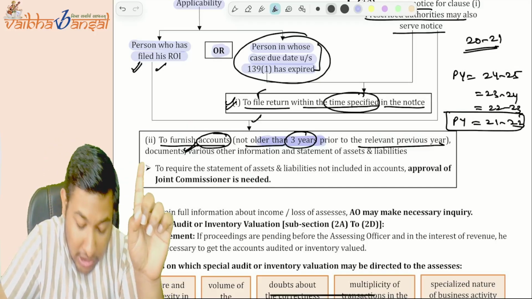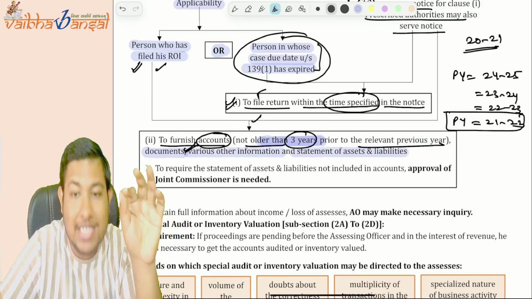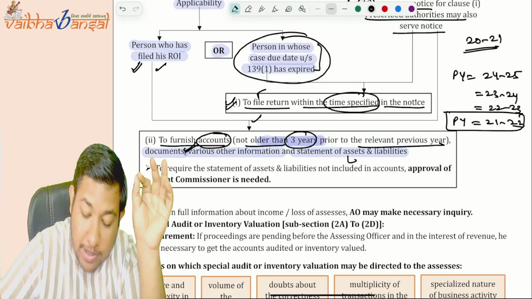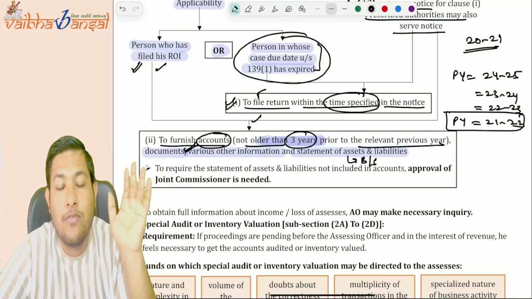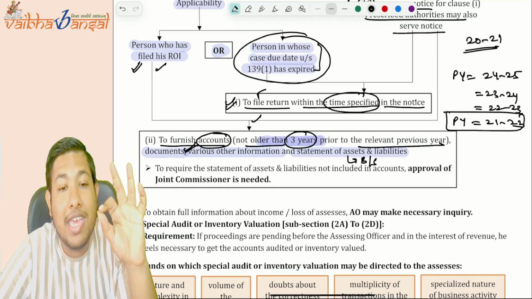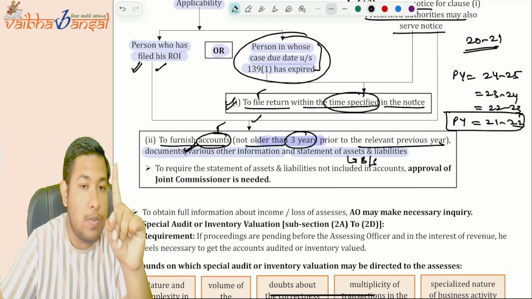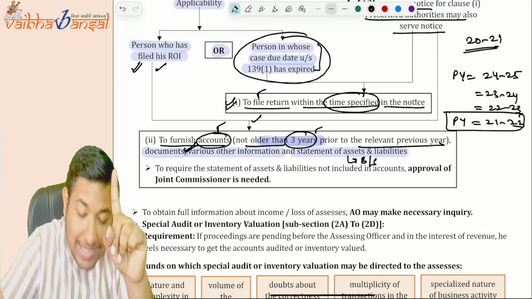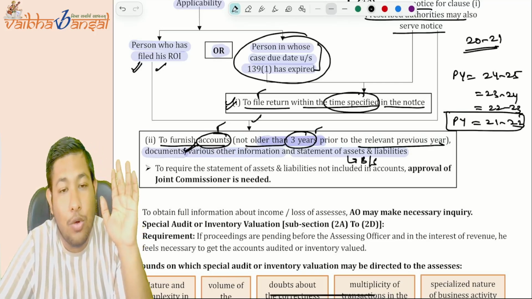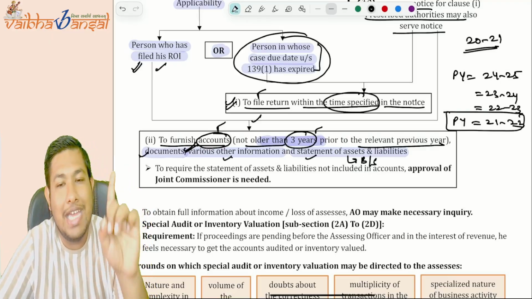But for the documents, other various information, and the statement of assets and liabilities, that is, the balance sheet, he can ask at any time. But for the accounts part, only the 3 year restriction is there. Not for the documents, other information, and the statement of assets and liabilities.